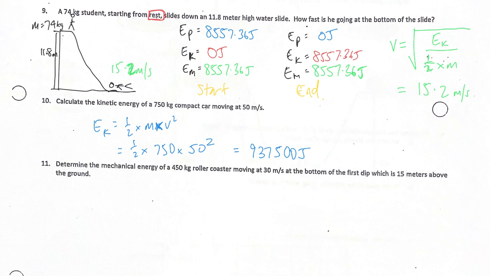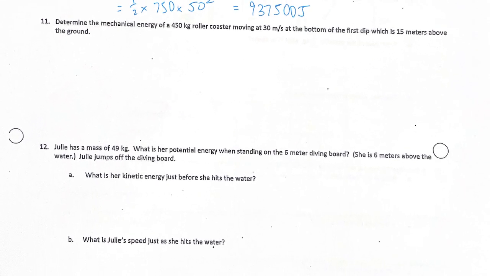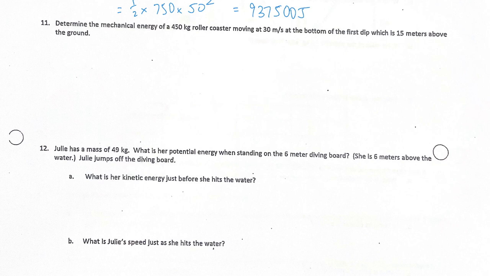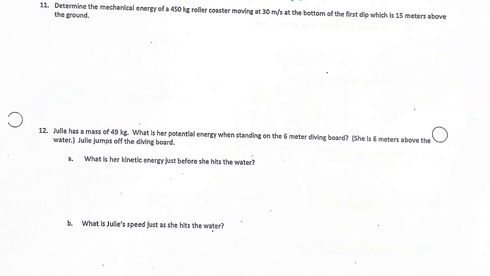Okay, now let's do number 11. Determine the mechanical energy of a 450 kilogram roller coaster moving at 30 meters per second at the bottom of a first dip, which is still 15 meters above the ground.